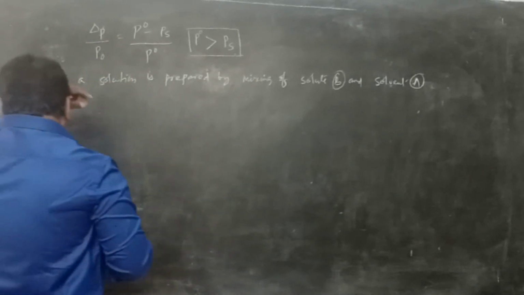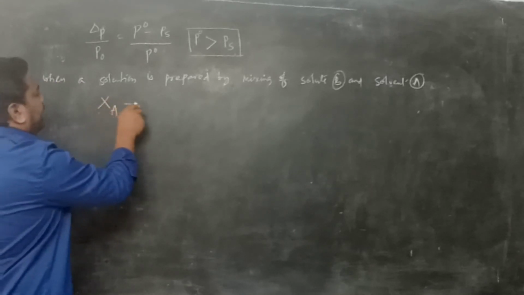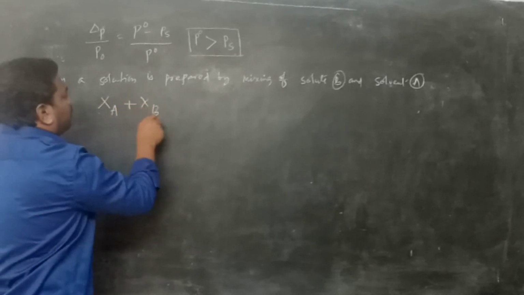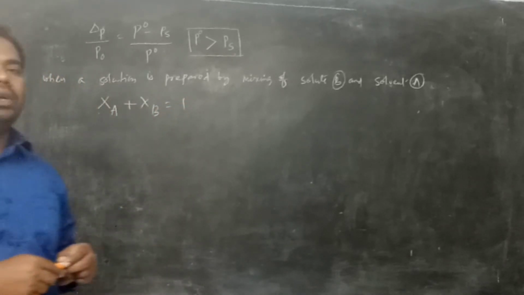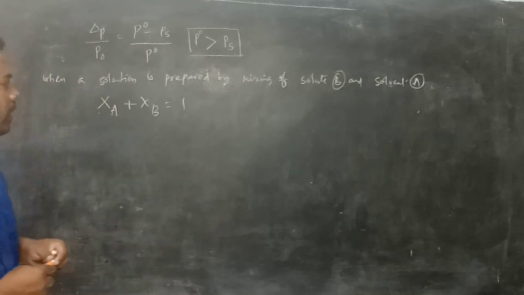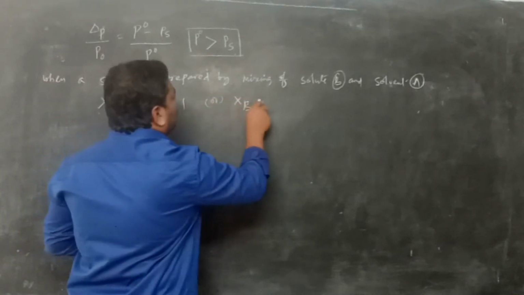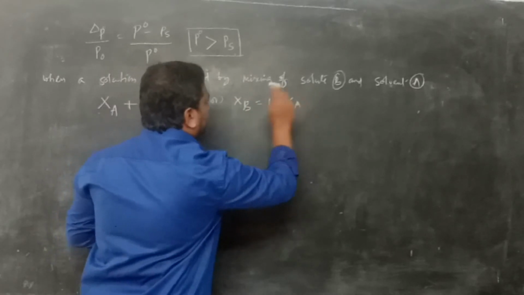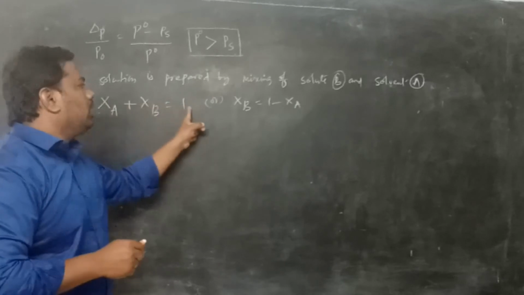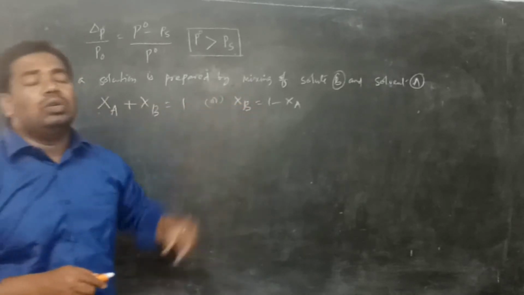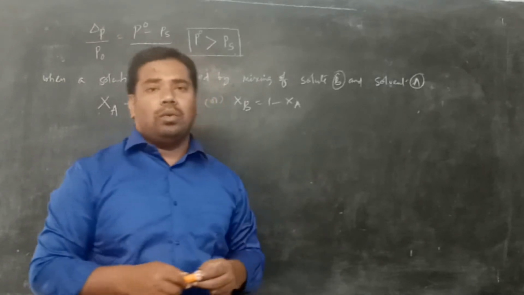Okay, clear, student? So the mole fraction of solvent A and the mole fraction of solute B add up to 1. We know very well, student, that we write xb is equal to 1 minus xa. So here we are applying Raoult's law, student.